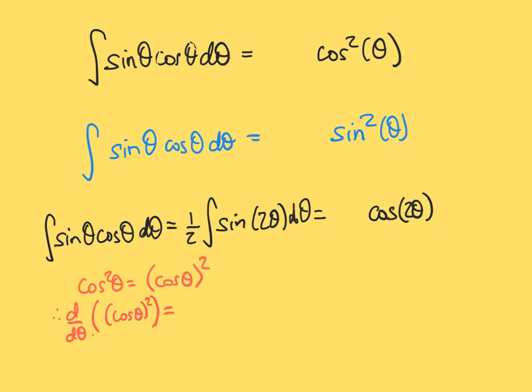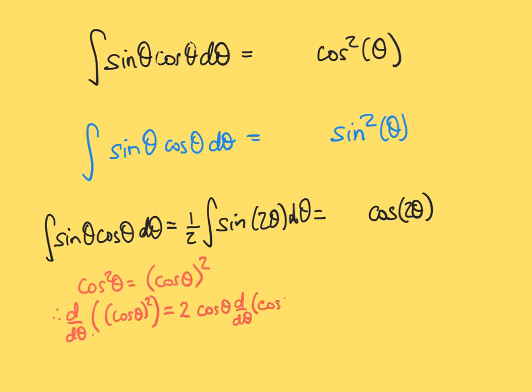So this is a function of a function. So when we differentiate it, what we do is we bring the 2 in front, we reduce the power of 2 to 1, so instead of having cos squared theta, we have cosine to the 1 of theta, and that's just cosine of theta. And then we multiply, this is the chain rule, by the derivative of what was in the brackets.